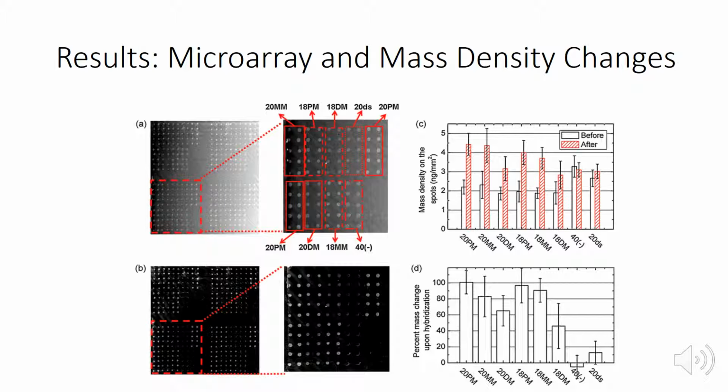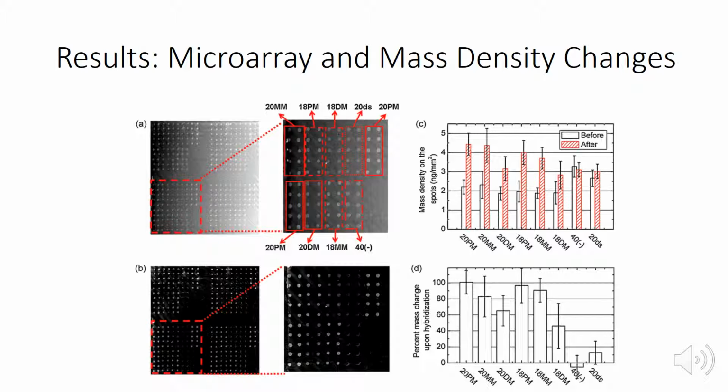Perfectly matched DNA fragments are expected to see a 100% mass change, and this can be seen in the above figure for 20 and 18 perfectly matched fragments. The double mismatch samples were significantly different than the perfectly matched. However, the single mismatched fragment hybridization was not significantly different.